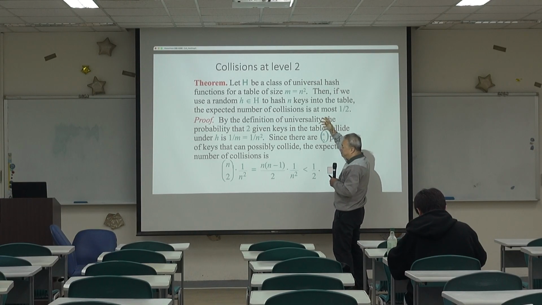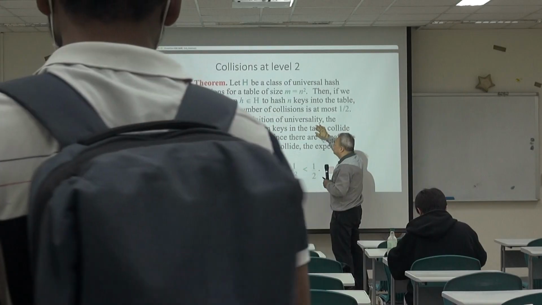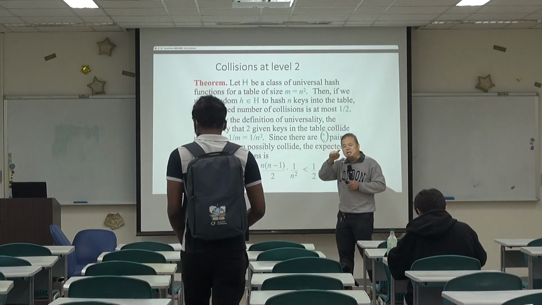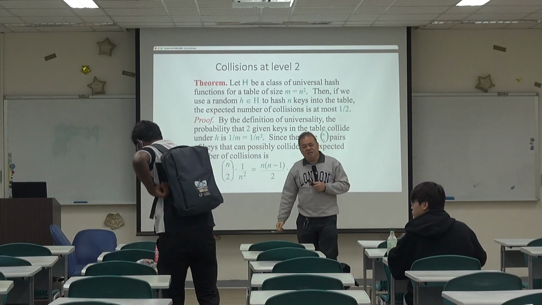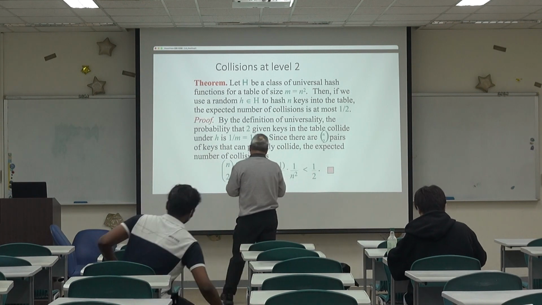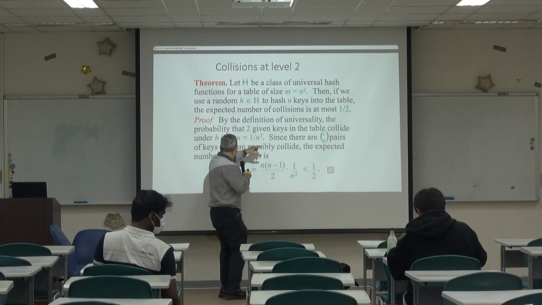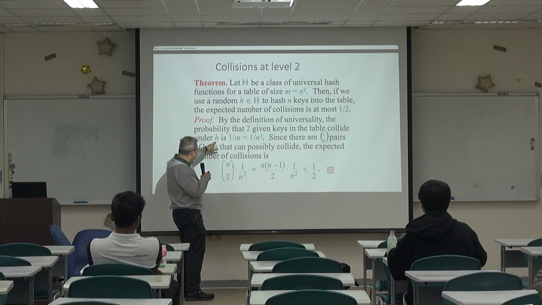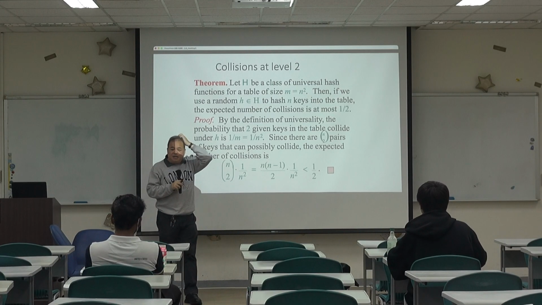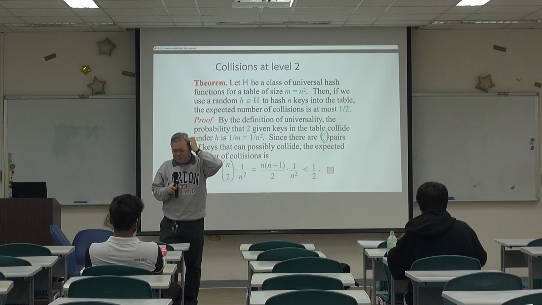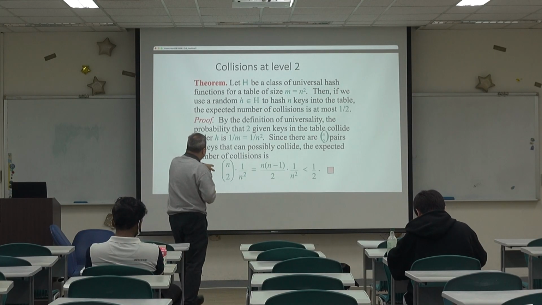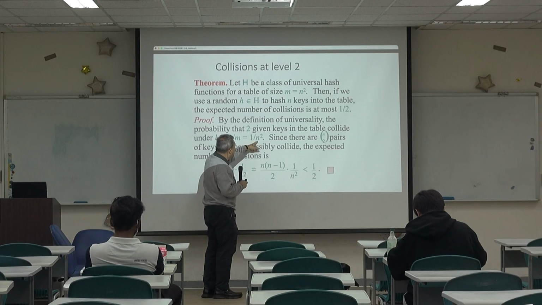Because of the universal hash function property, if you randomly pick a hash function from this big H, the probability that two given keys collide under the hash function is 1/m, where m is the table size. This 1/m is 1/n squared.